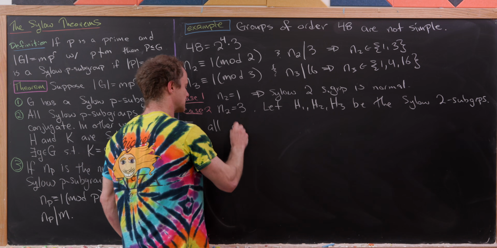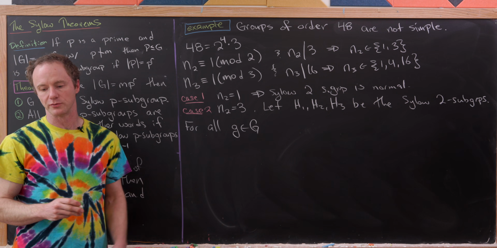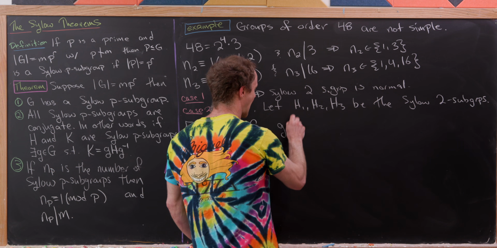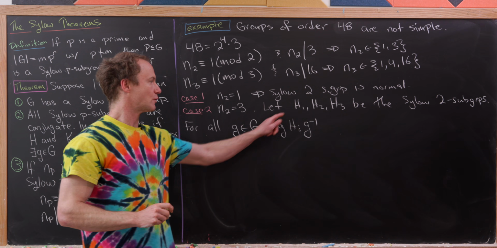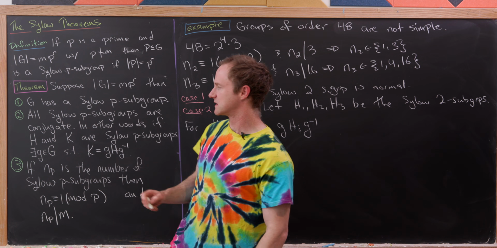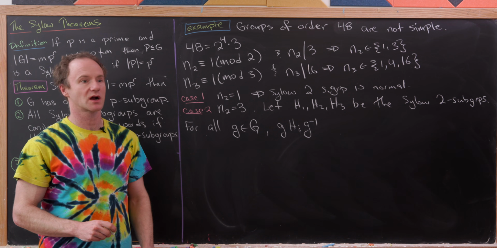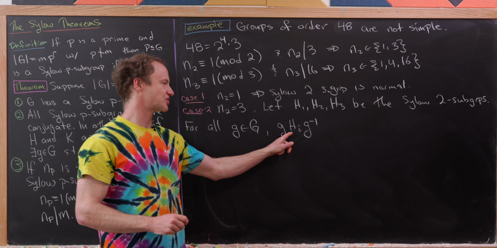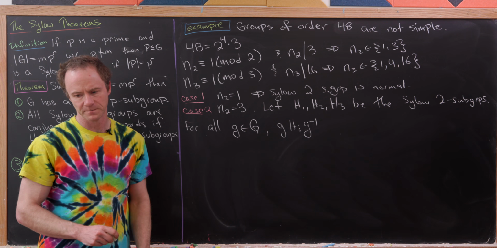For all little g in the group G, we again didn't name the group, but let's call the group G. We know that g Hi g inverse is going to be one of these right here. And that's by our second Sylow theorem that says that, in this case, all the Sylow 2 subgroups are conjugate. And so that means that this will conjugate Hi into another one of these things.